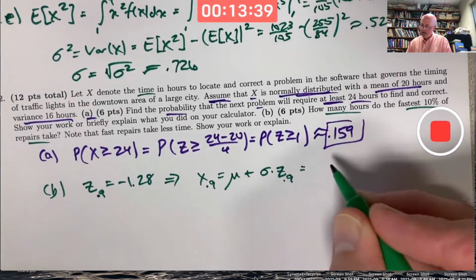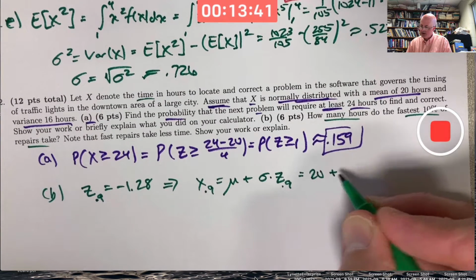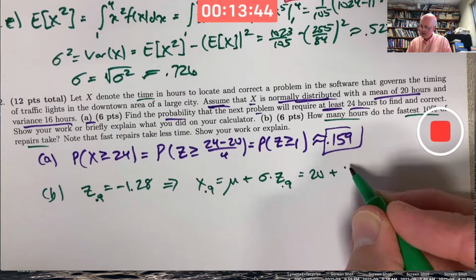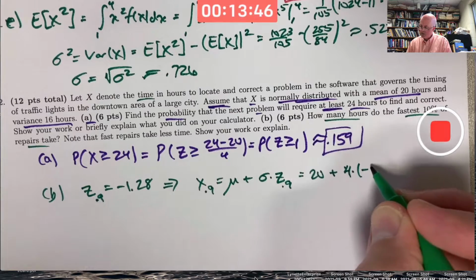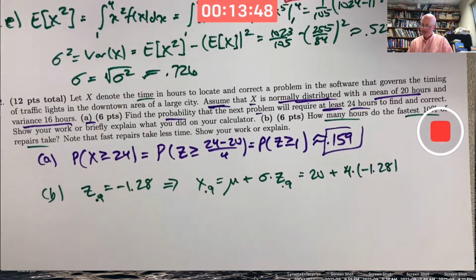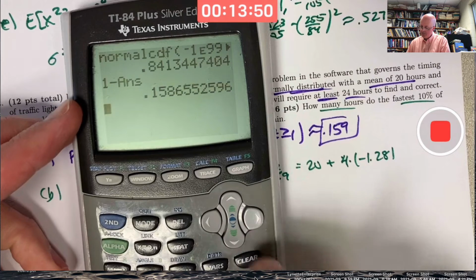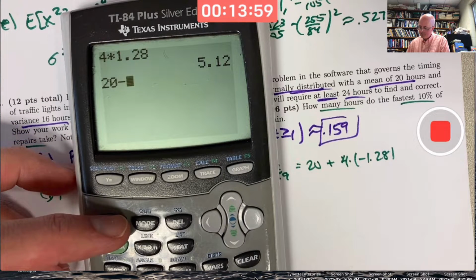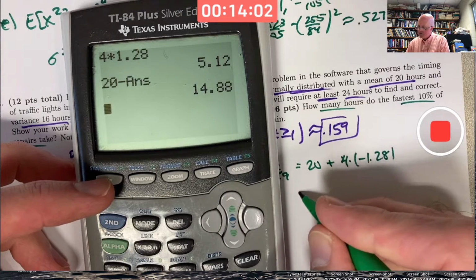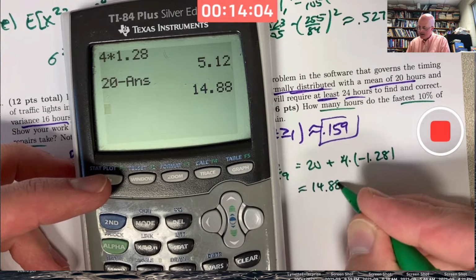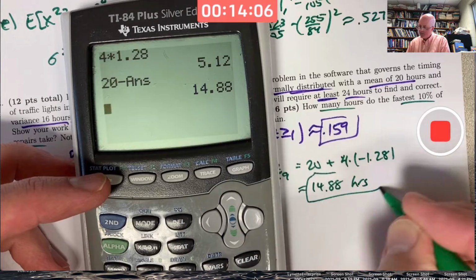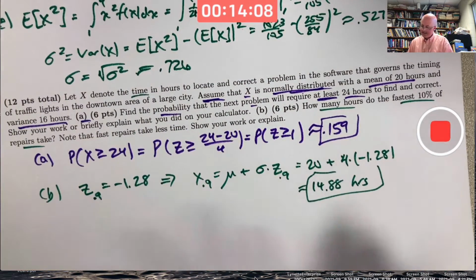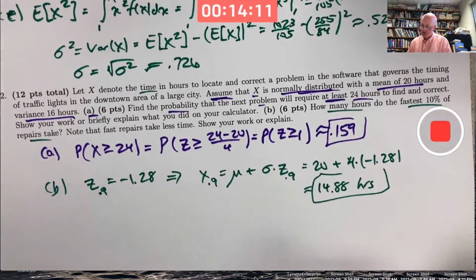So that's going to be mean is 20, standard deviation is 4. 20 plus 4 times negative 1.28. It's going to be less than 20. 4 times 1.28, and I need to subtract that, so I got 20 minus that. This is about 14.88 hours. That's how many hours or less do the fastest 10% of repairs take.